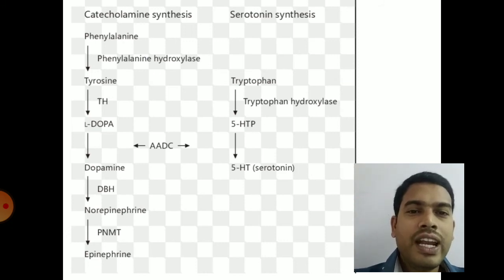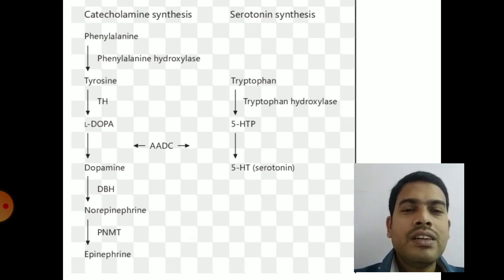So from phenylalanine you get tyrosine with the help of phenylalanine hydroxylase. From tyrosine, dopa, dihydroxyphenylalanine. From dopa you will get dopamine, from dopamine to norepinephrine, from norepinephrine to epinephrine. So epinephrine, norepinephrine, dopa and dopamine are all called catecholamines.